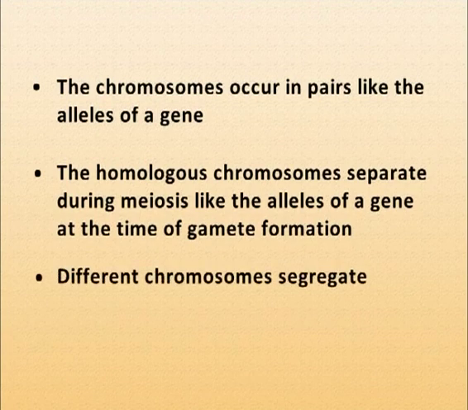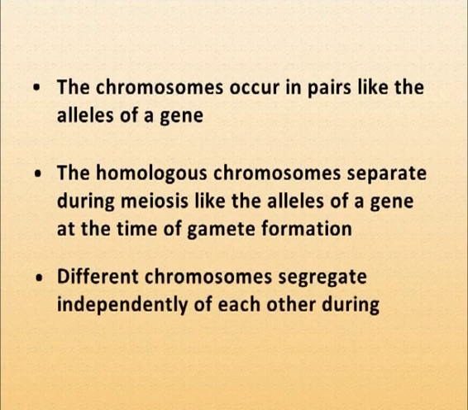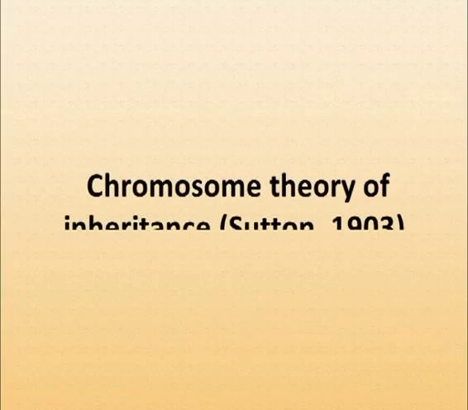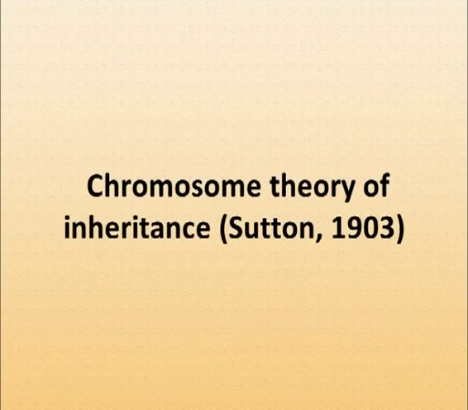Number 3, different chromosomes segregate independently of each other during meiosis like different genes. Based on this parallelism, it was concluded that Mendelian factors were actually present on chromosomes, and this theory was called the chromosome theory of inheritance by Sutton in 1903.